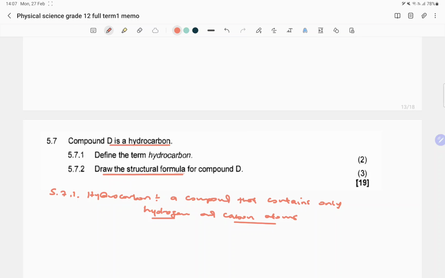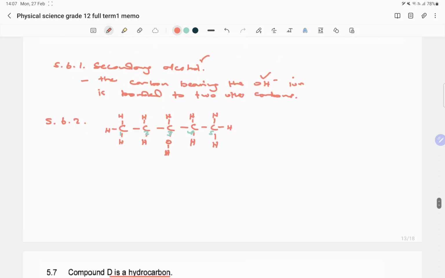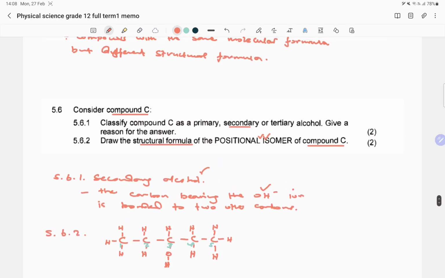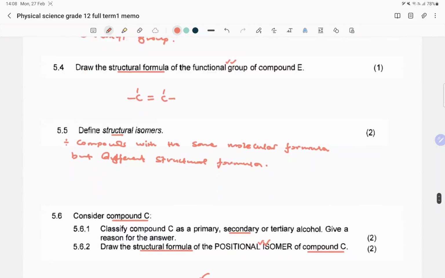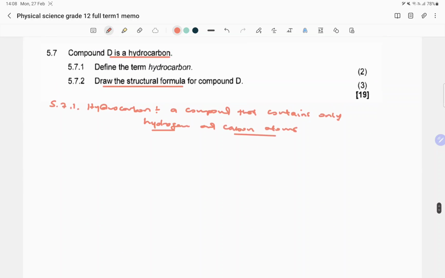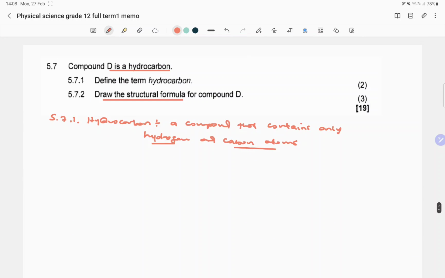Draw the structural formula for compound D. Okay, now compound D is 2,2,4-trimethylhexane. So the parent chain is hexane, so 6 carbons. We've got 1, 2, 3, 4, 5, 6.